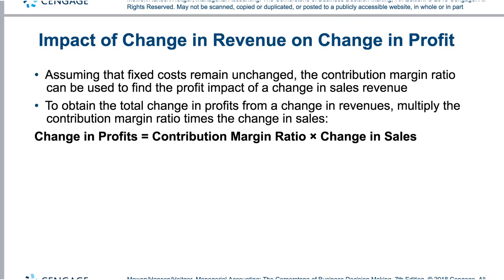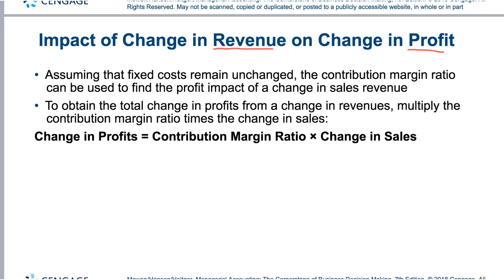Now, one of the other things that managers use this kind of analysis for on a very, very regular basis is to look and see how much profit is going to change if revenue changes, right? Because obviously, if you have any kind of variable expenses at all, your increases in sales will not all flow down to the bottom line, right?